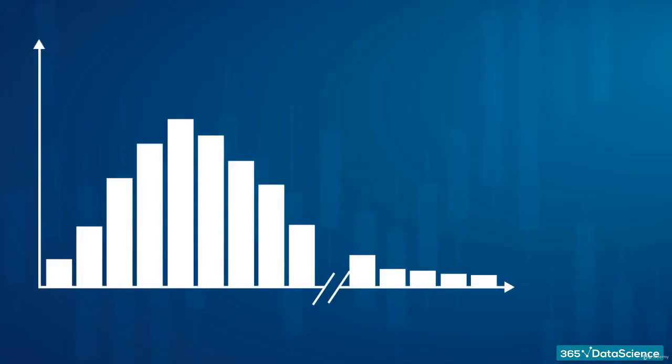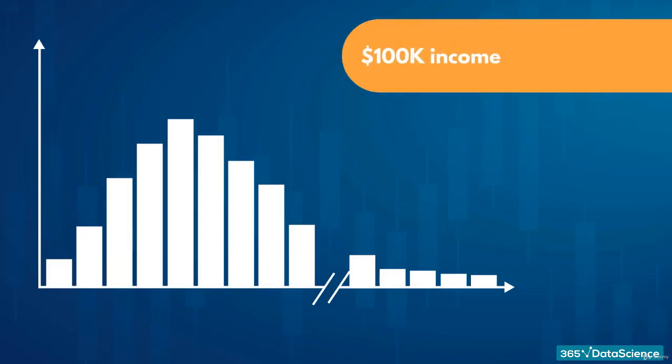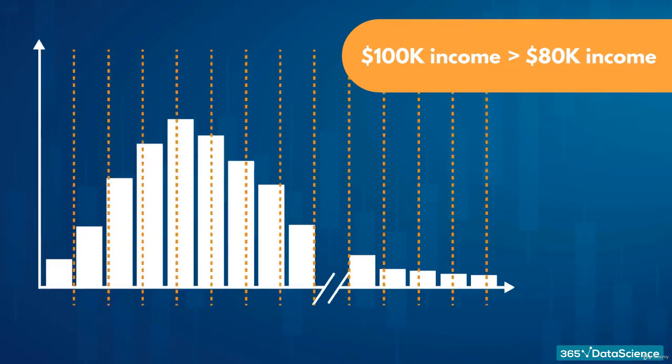In contrast, continuous variables show quantitative differences. One value shows there is more or less of a certain property than another value. For example, an income of $100,000 is more than an income of $80,000. Consequently, when we split a continuous variable into a number of categories, these categories will also show differences in quantities.